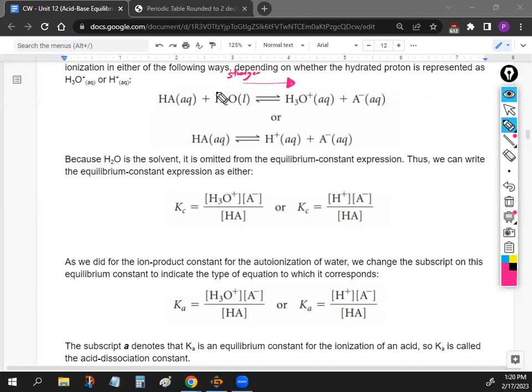So what's going to happen to the Ka value, up or down? It's going to go up, because Ka is products divided by reactants. Stronger acids are going to have a higher Ka value than weaker acids.